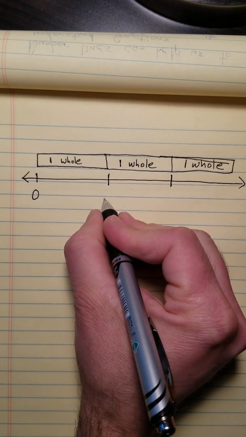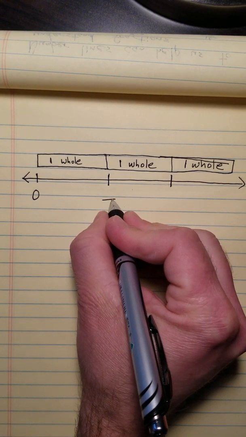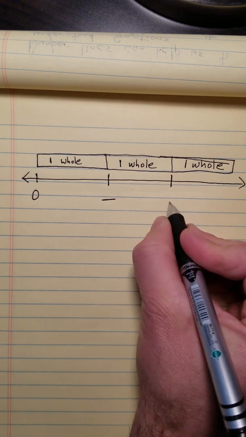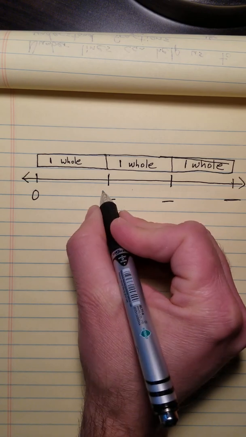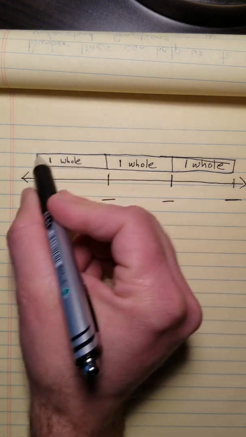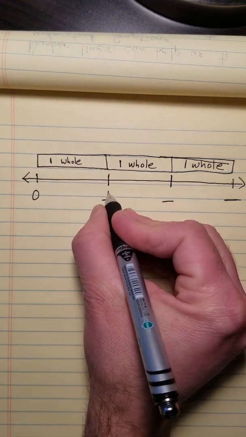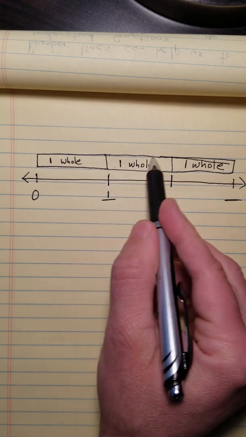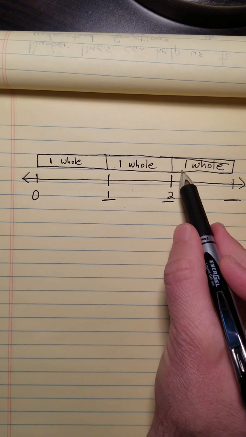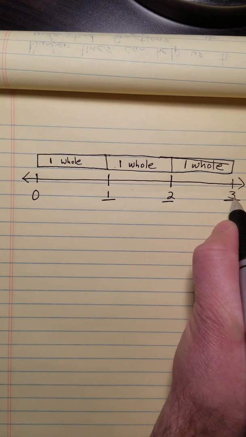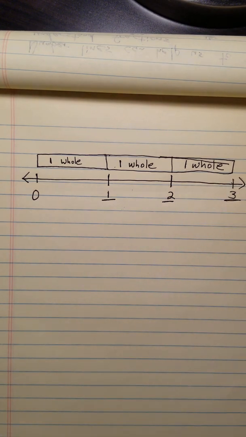Now, if I've got 1 whole, right, what number am I going to put here? Right? 0. I'm just counting the whole. That's 1. Okay. Got another whole. That's 2. I got another whole. That's 3. Right?